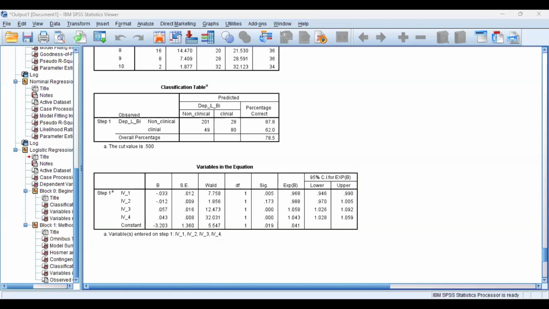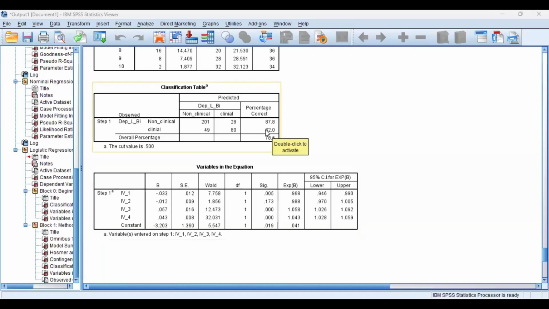For example, when you do a medical test, if they say the test is positive, that means that you have the disease that you tested for. When it is negative, that means that you don't have it. So sensitivity means that when, for example, a participant should fall within the clinical levels of depression that we have here, like having the mental health problems that we are looking for, our analysis could precisely detect that. So this is the level that we call sensitivity. That here is 62.